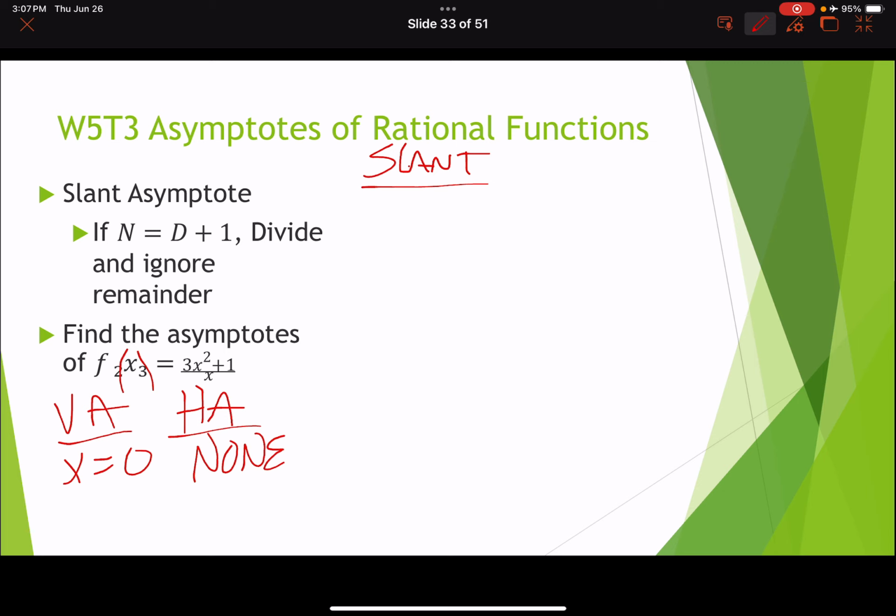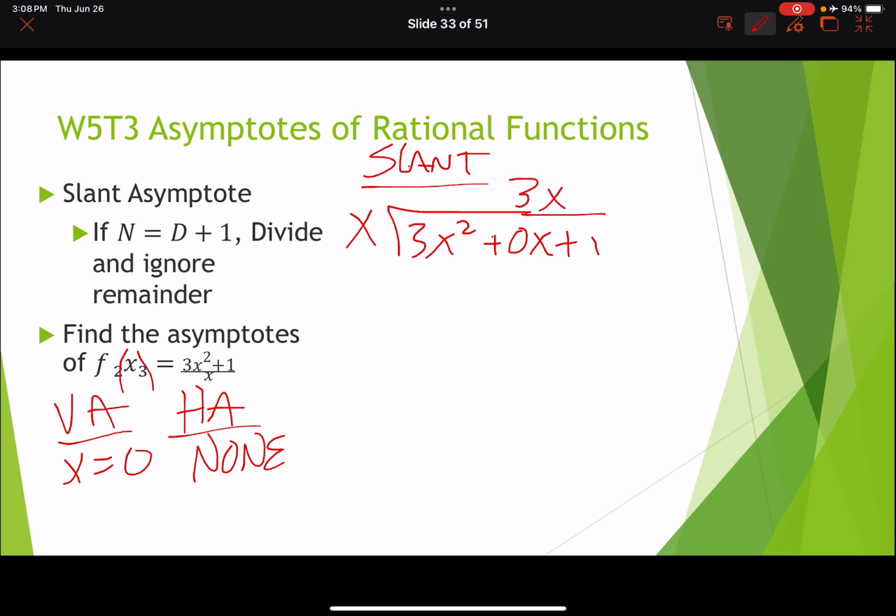You need to do long division with this because we don't have a binomial. So we're going to take x and divide it into 3x squared plus 0x plus 1. Remember that 0x term is missing, so it needs to be in there. We're going to say, how do we make 3x squared out of an x? We multiply by 3x.